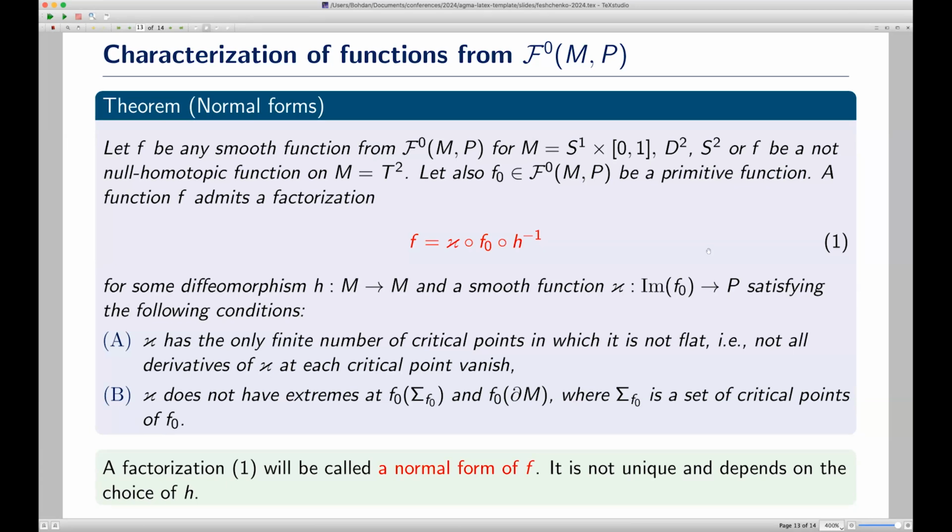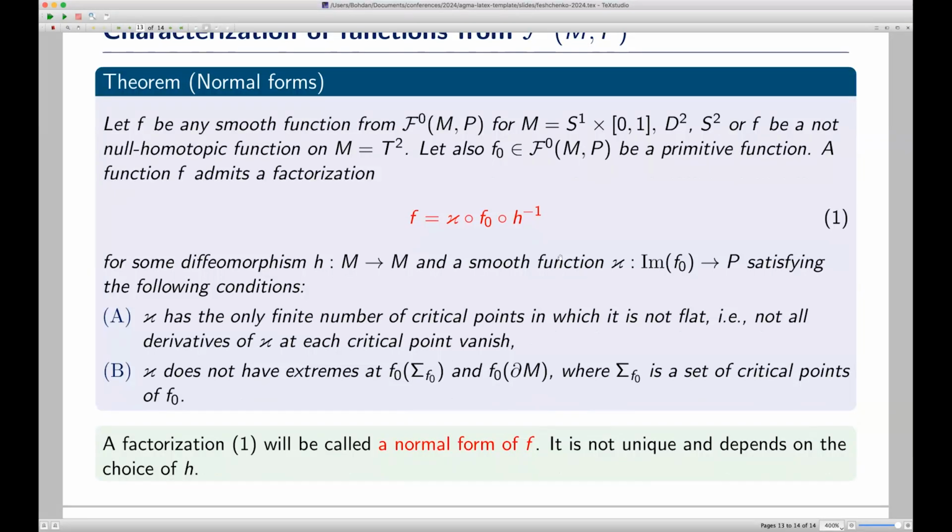And this factorization is not unique and depends on the diffeomorphism h. And we will call it a normal form of this function.